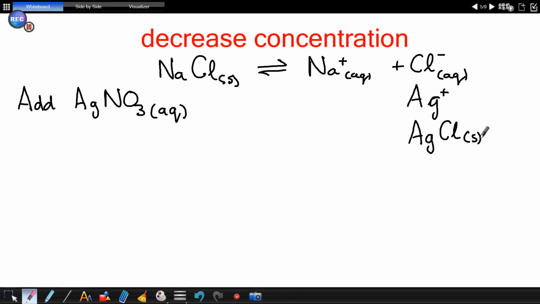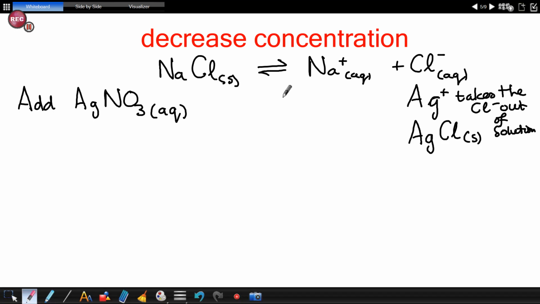It's taking the chloride ions out of solution. So the silver ion takes the chloride out of solution.